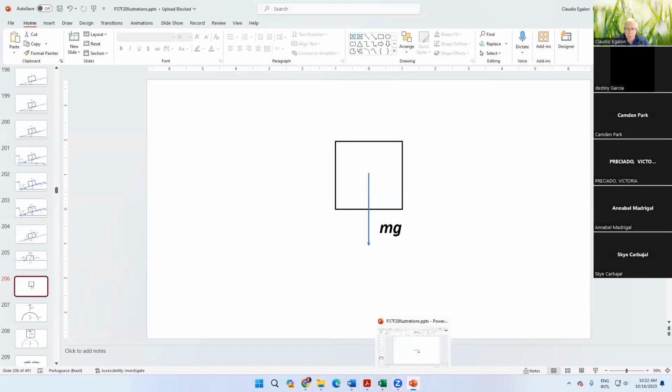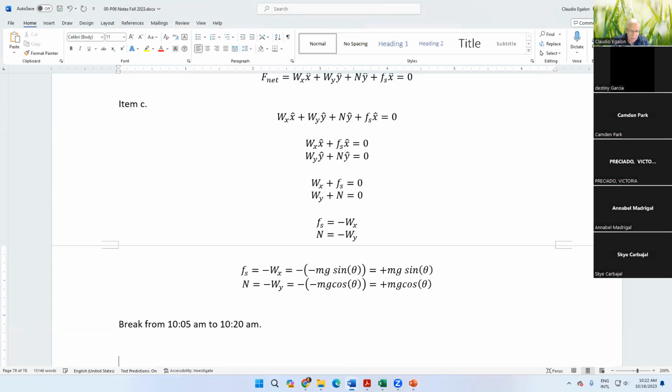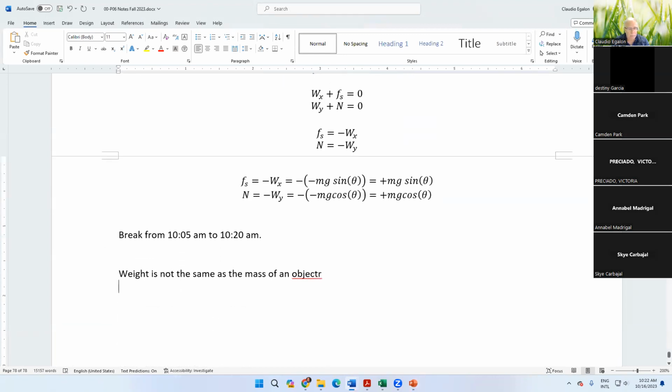Keep in mind that weight is not the same as the mass of an object. Weight is a force, whereas the mass of an object is a basic quantity.